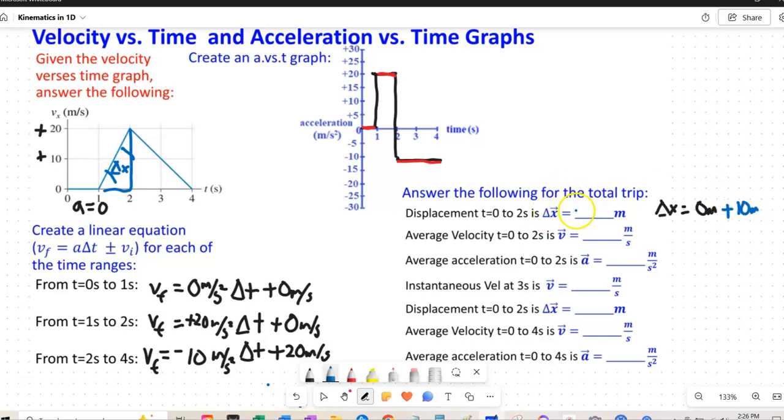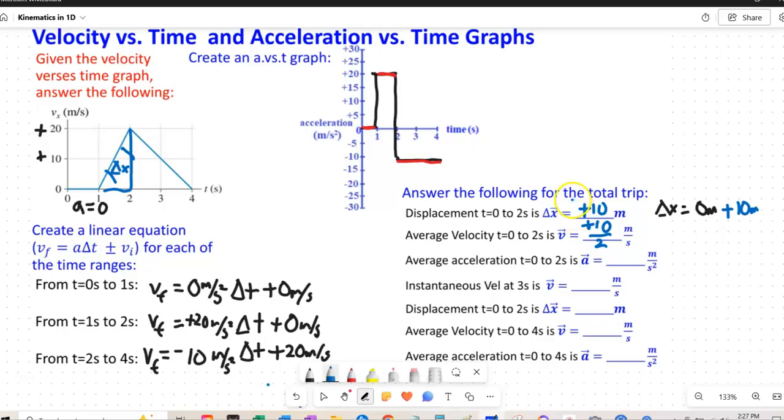So the total displacement from 0 to 2 seconds is positive 10. Now the average velocity from 0 to 2 seconds is going to be displacement divided by time, which is positive 10 divided by 2. So that'll be positive 5.